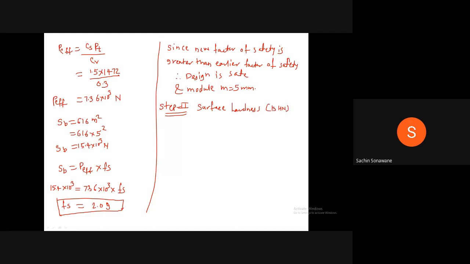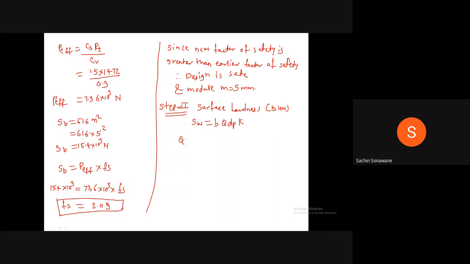Now, to calculate BHN, what is our equation? We have to use SW is equal to wear strength. SW is equal to BQ dp k. Therefore, we will calculate value of Q. We will calculate value of K.